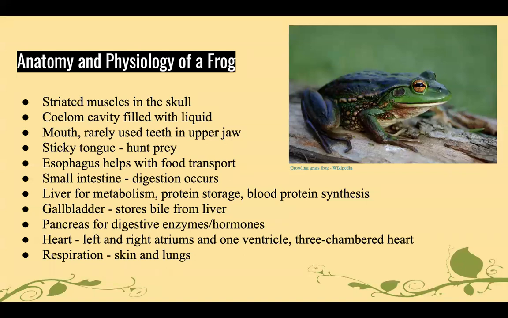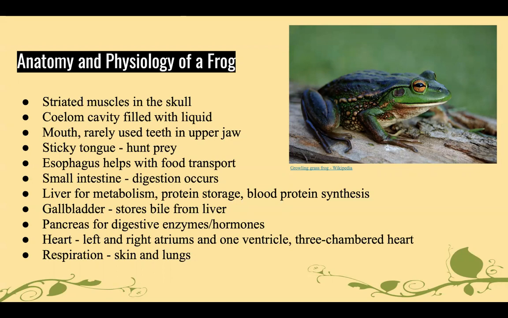It has an esophagus, which enables food transport, and a small intestine, where the process of digestion occurs. Its liver is used for metabolism, protein storage, and blood protein synthesis, and its gallbladder stores bile that comes from the liver. The frog's pancreas produces digestive enzymes and hormones for the organism.